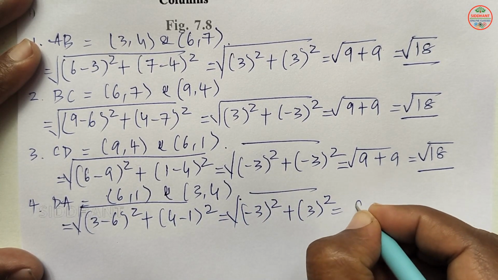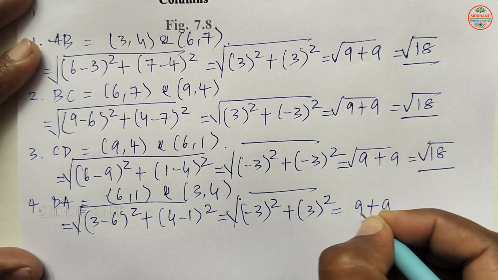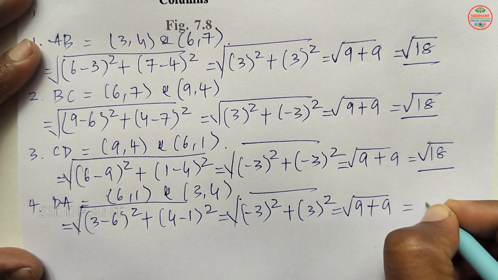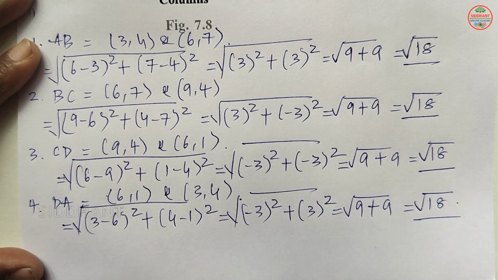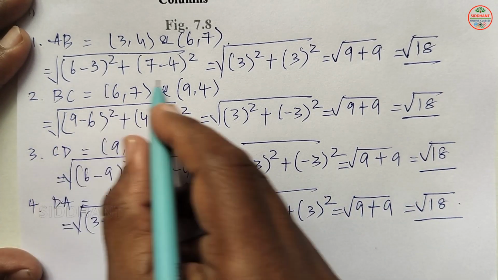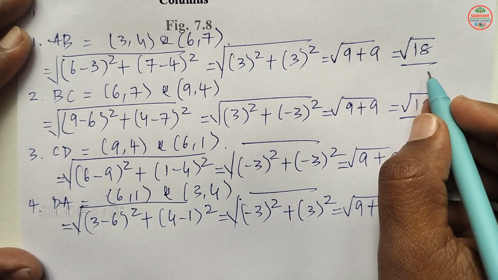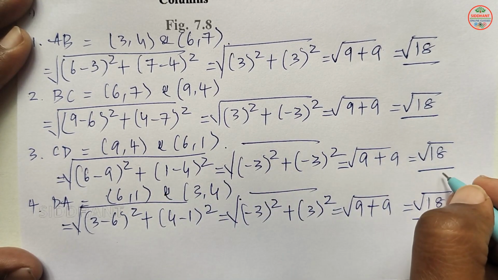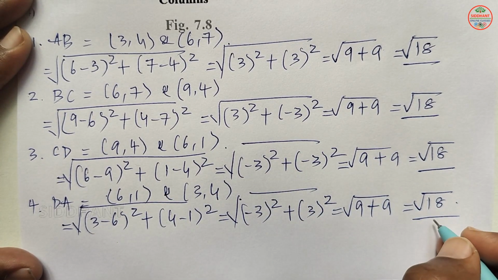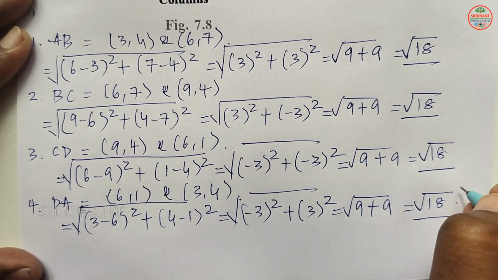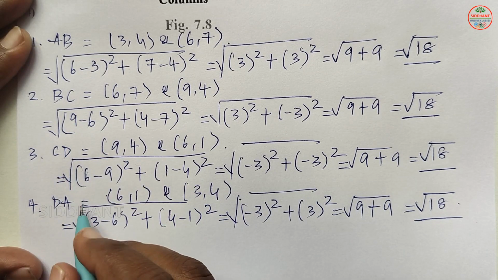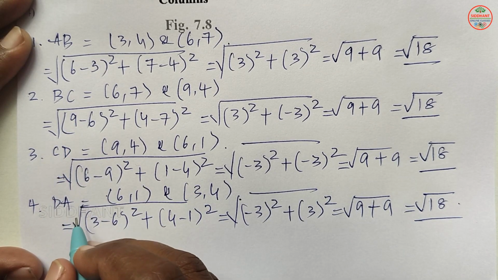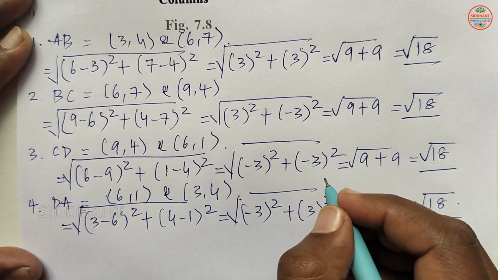So that will be 3 square 9, 3 square 9, that will be square root 18. So AB square root 18, BC square root 18, CD square root 18, DA square root 18. So all the four sides are equal. So AB is equal to BC, BC is equal to CD, CD is equal to DA, and DA is equal to AB here.